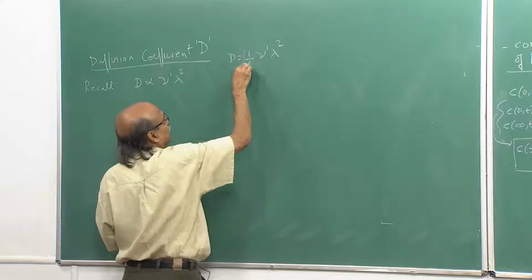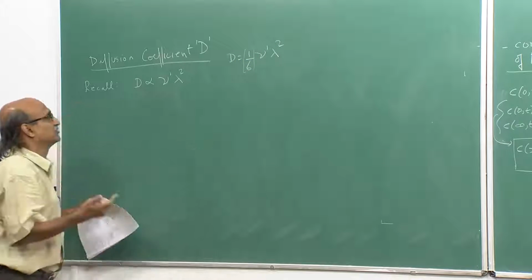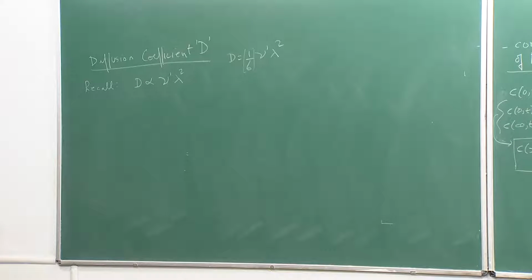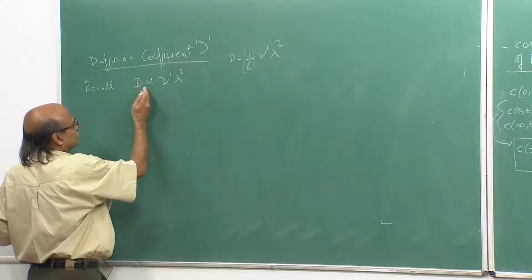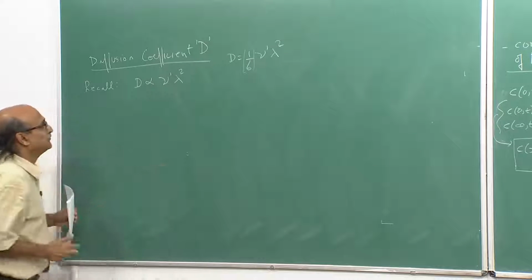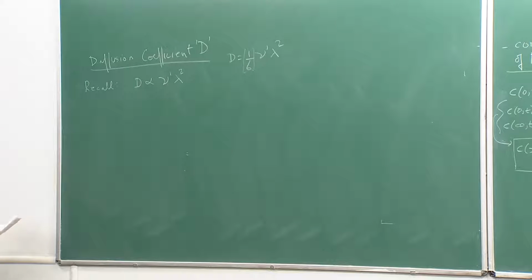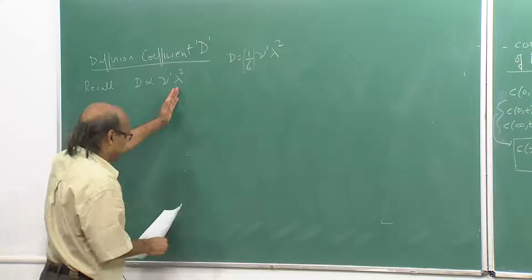In some other situation this factor of 1 upon 6 could change. So, in general the diffusion coefficient is going to be proportional to nu prime times lambda square.